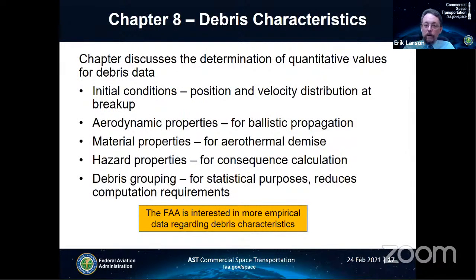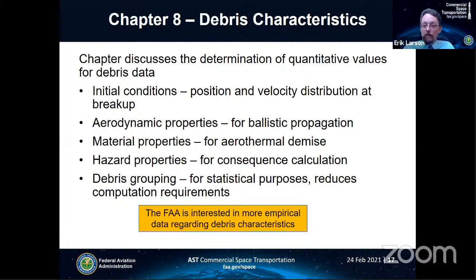Okay, so this chapter discusses more the quantitative characterization of debris. The previous chapter was about what scenarios need to be covered and the important factors. This one goes through the different quantitative values that need to be developed. So there's basically four properties and then a particular area on statistics.